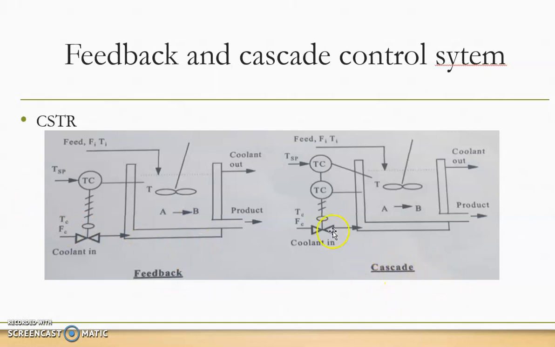This is a cascade control system. As you can see, the same example is there. Our coolant flow rate is again our manipulated variable. We are interested in maintaining the temperature of the reaction mixture at a particular point. We will measure the temperature of the reaction mixture and also the temperature of the coolant inside the jacket.